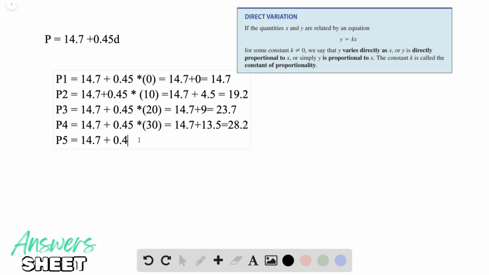And then it will be 0.45 times 40. That will be 14.7 plus 18, which is 32.7. P6 equals 14.7 plus 0.45 times 50.